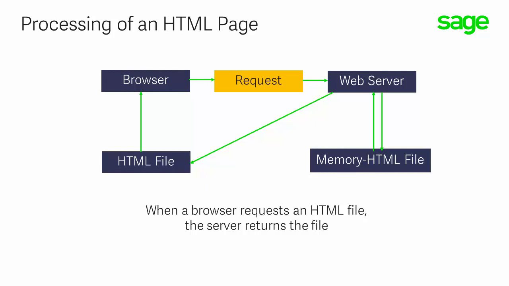And if it's a standard HTML file, then it opens the file from the disk and memory and sends the file back to the browser. And then the content of the HTML file is delivered within the browser, and the results are processed by the browser to display within the user's window. Now that's a standard HTML page being pulled up.